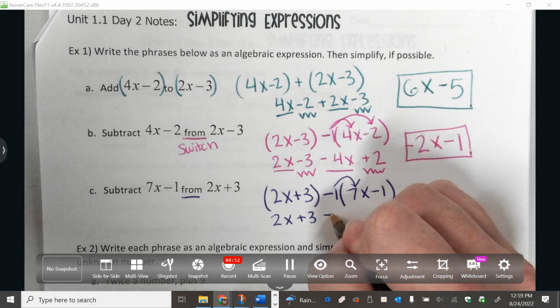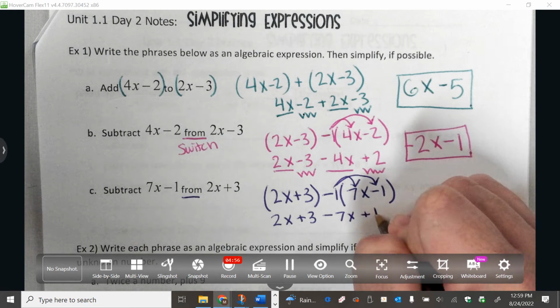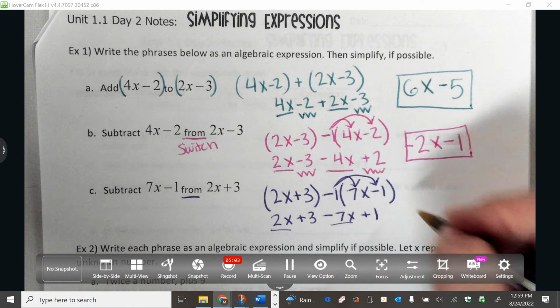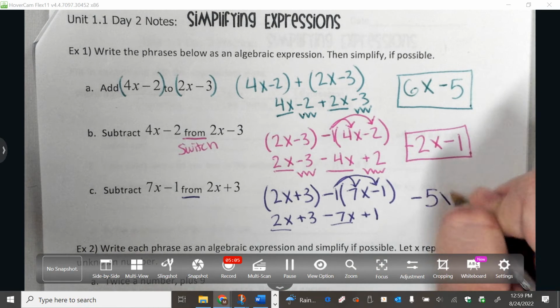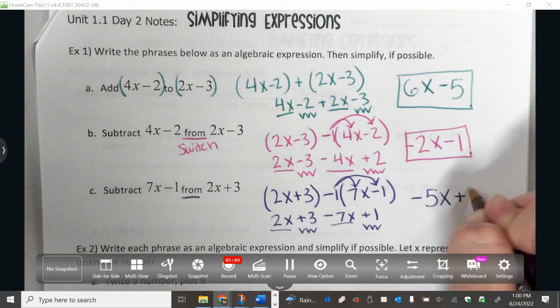So that gives me negative 7x. 2 negatives makes a positive. And then I can combine my like terms. So 2x minus 7x is negative 5x. 3 plus 1 is 4.